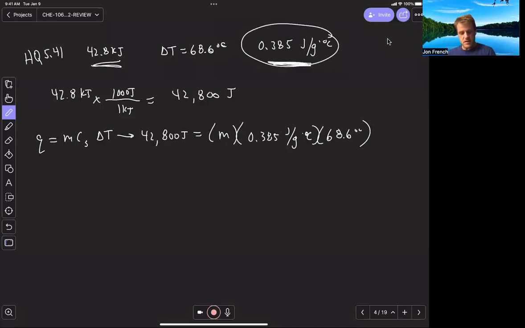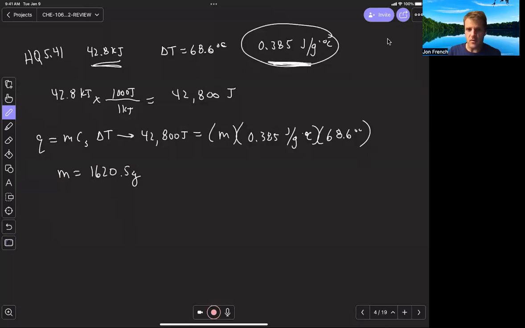So divide that across, let's see, 42,800 divided by that, so I get a mass of, right, 1620.5 grams.